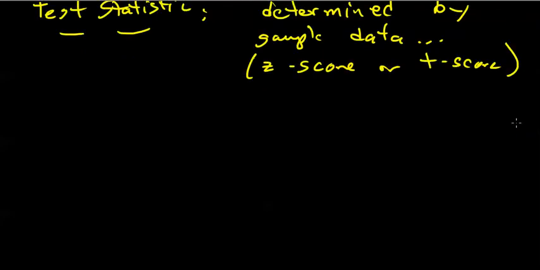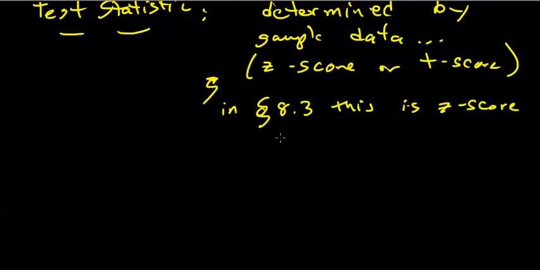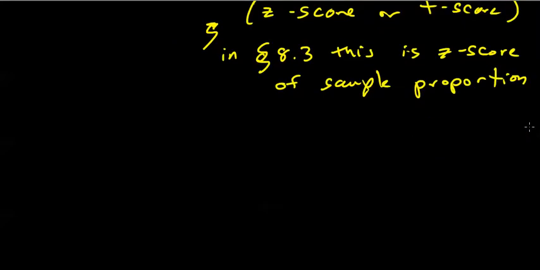Now, in section 8.3, which is the first section where we're going to be performing hypothesis tests, this test statistic is the z-score of a sample proportion. Now that changes from section to section, but since in 8.3 we're going to be testing hypotheses about population proportions, our test statistic is going to be the z-score of sample proportions.